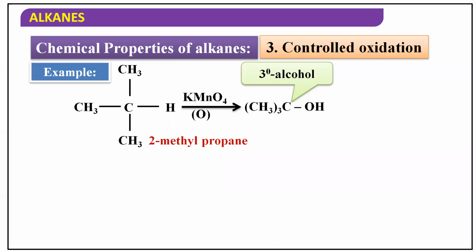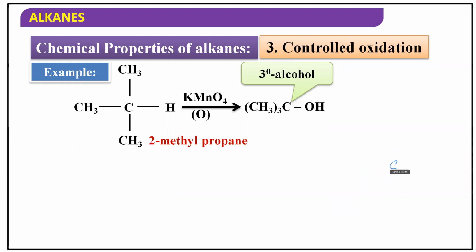In GOC we discussed that if an OH is connected with a carbon which is connected with 3 other carbons, then it is 3 degree. So this is a 3-degree alcohol, because the carbon is 3 degree and OH is connected with that carbon. So where OH is connected decides 1 degree or 2 degree or 3 degree.